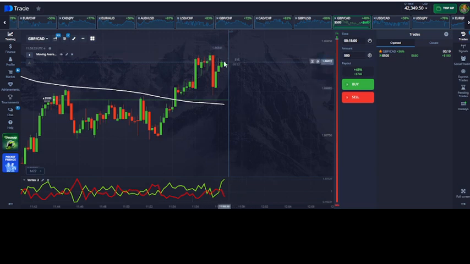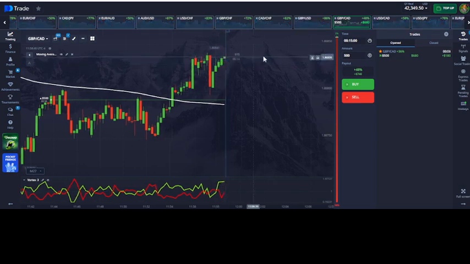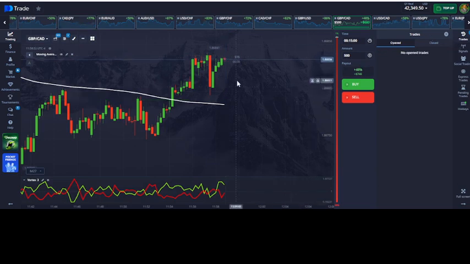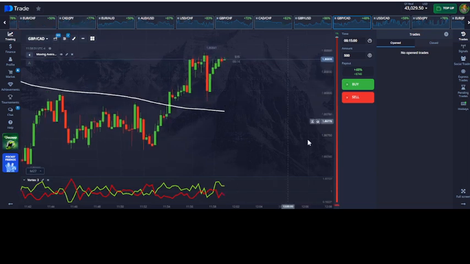So this trade looks like it's going to be a winner. We got about 10 seconds left. Let's wait for the expiry. Okay, so that trade was in the money. All right, so Trade Command Quant Engine working good.